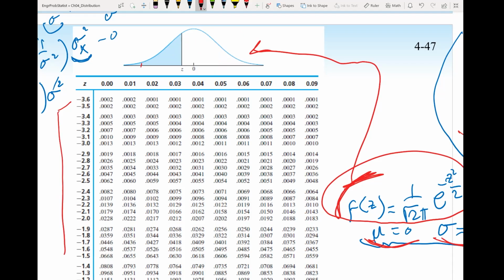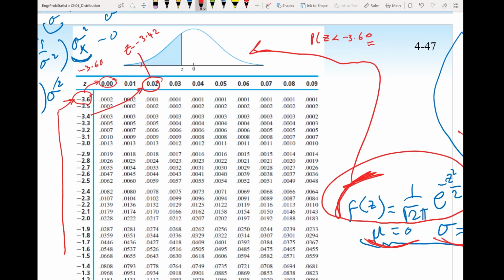And if I want to find the probability that z is equal to or less than minus 3.60, then I go to the table, I look, here is minus 3.6, I have 0 here, so that will be this one, 0. So I read this number and this number as z equal to minus 3.600. I read this number here and this number here as z equal to minus 3.42, and so forth.